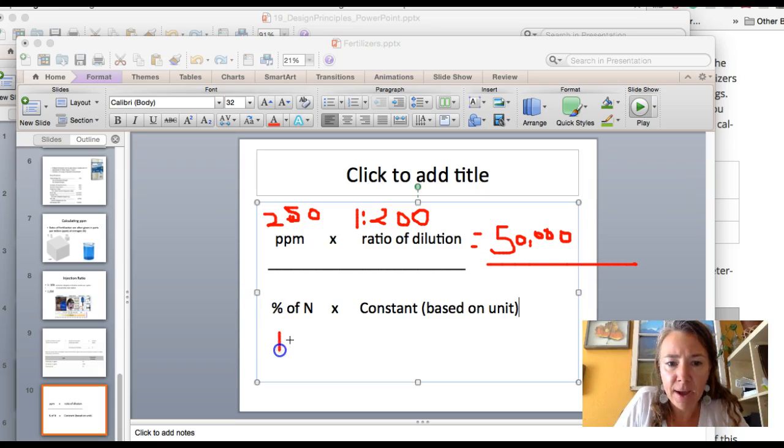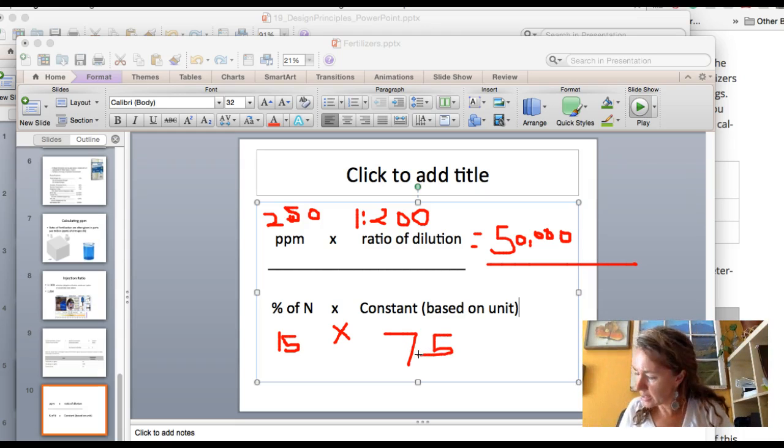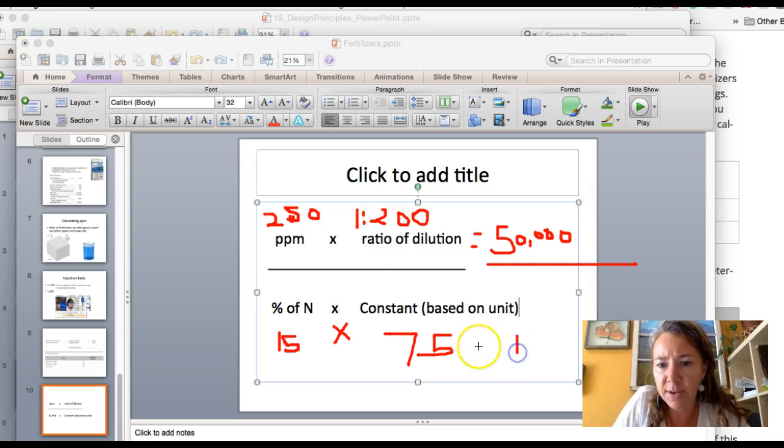I know that my fertilizer, let's say it's 15-15-15, so I'm using the percentage of nitrogen. And this one's going to have me measure in ounces, so my constant will simply be 75. So I do that math, and I end up with 1125.